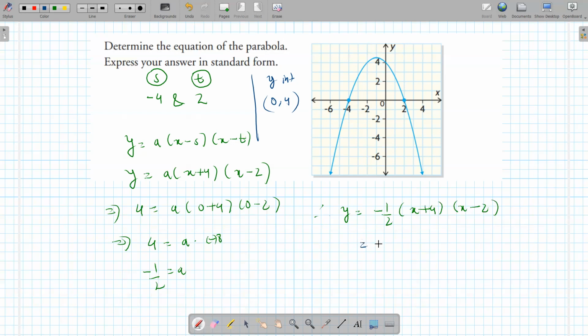So we're going to leave this 1 over 2 till the end. Let's open these 2 brackets. What's the first term? x squared. Yeah, x squared. What's the second term?